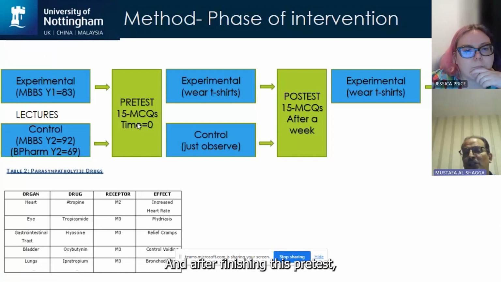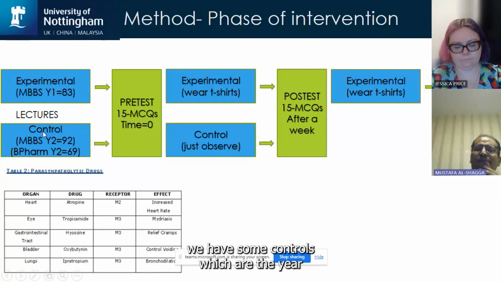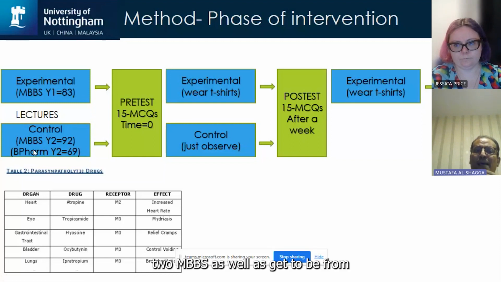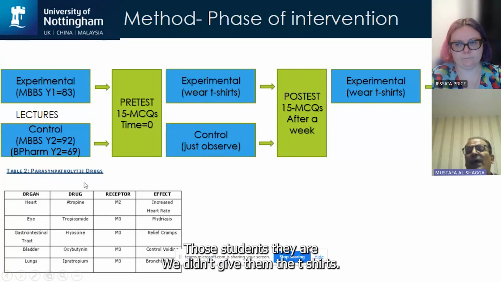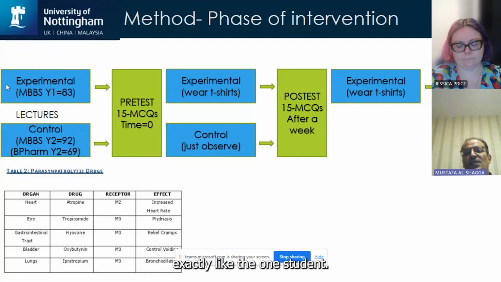And after finishing this pre-test, we gave year 1 the t-shirts. We had some controls, which were year 2 MBBS as well as year 2 BPharm, the pharmacy students. Those students we didn't give t-shirts. However, we gave them the pre-test exactly like the year 1 students.